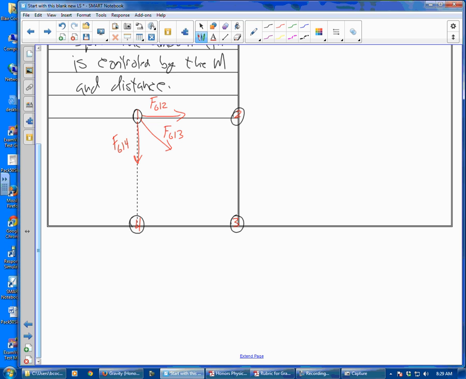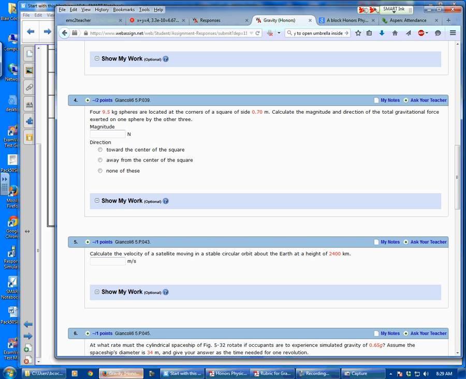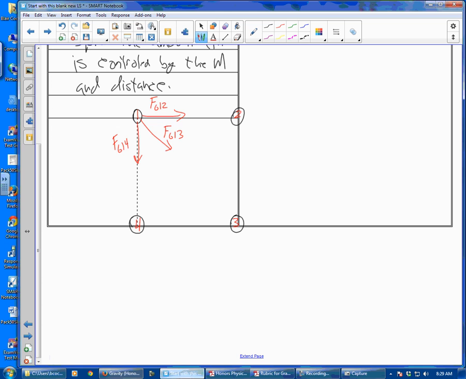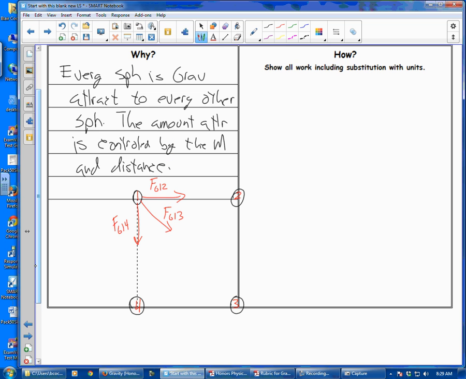So, they all have the same mass, right? True. 9.5, 0.7, so my M is 9.5 kilograms. The length of the side of my square, which I'm going to call S, for me is 0.7 meters, I believe.